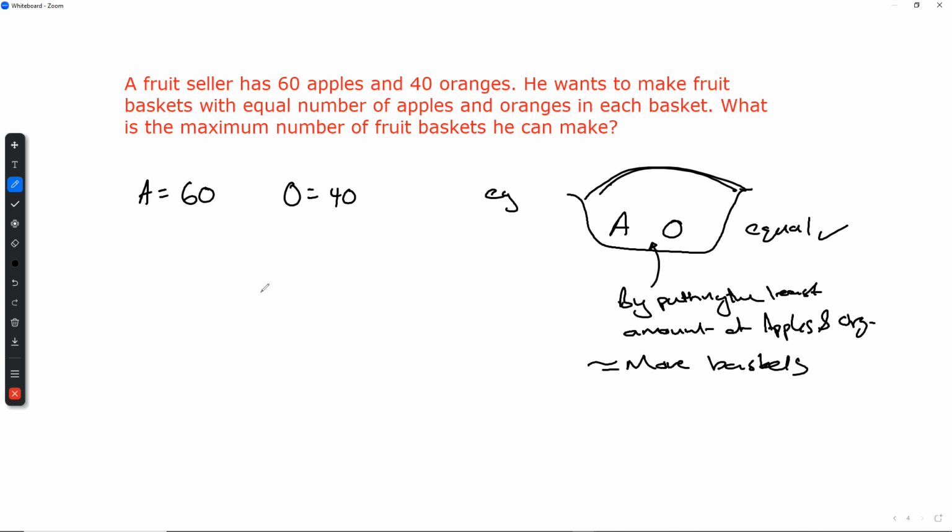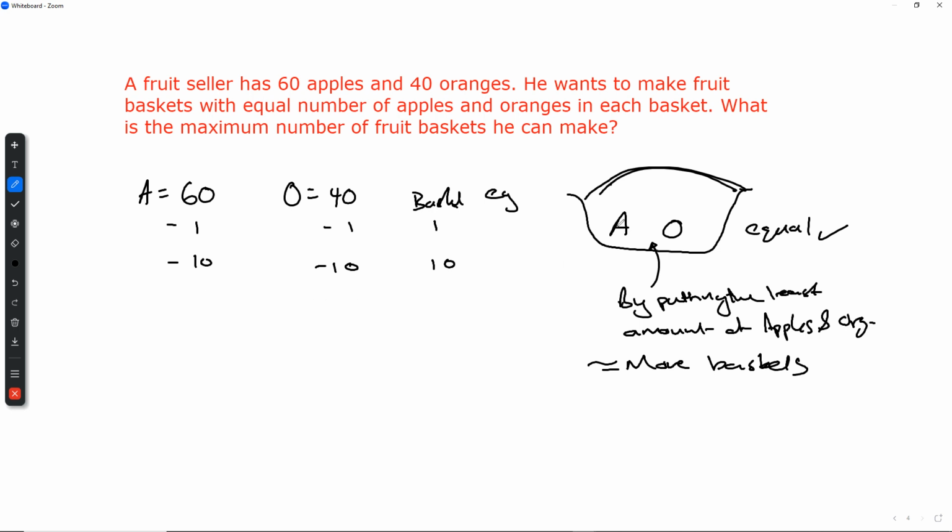Alright, that's what it means. So if I put 2, that means, for example, if I minus 1 and I minus 1, then I will end up with how many baskets? 1 basket. If I minus 10 and if I minus 10, I'll end up with 10 baskets.